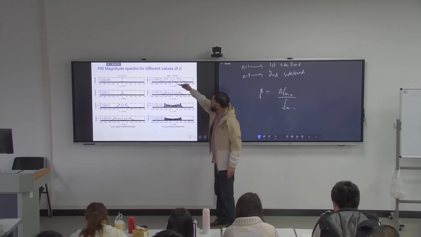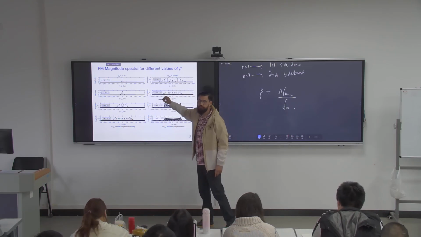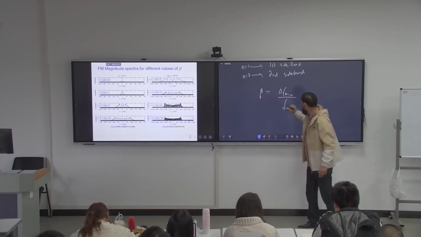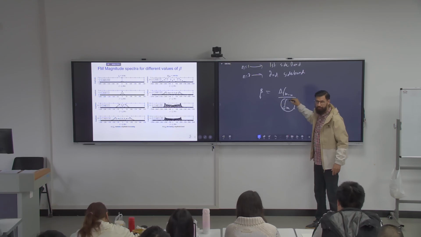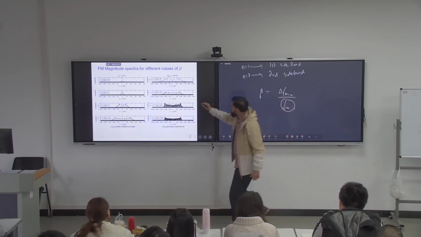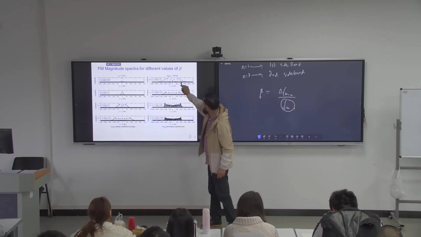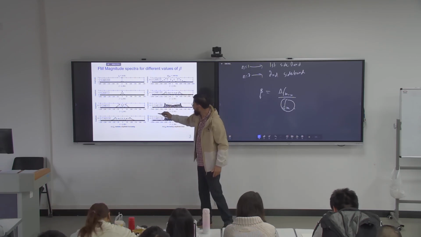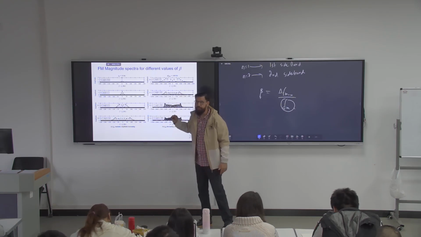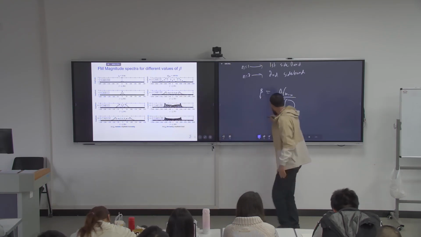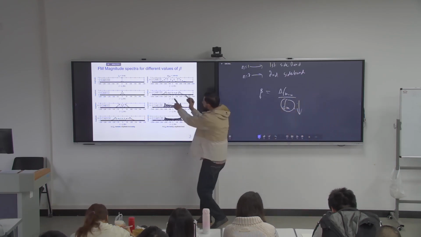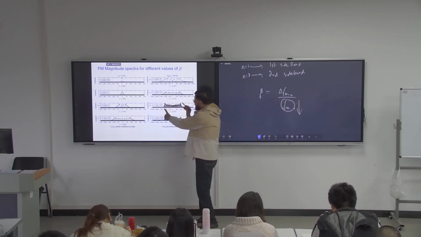Now I increase beta to 10, which means FM will be decreasing. If this is decreasing, the distance between these sidebands becomes smaller, right? Now increase beta further, let's say to 50. If we increase it to 50, FM goes further down, so I'm getting more closer.